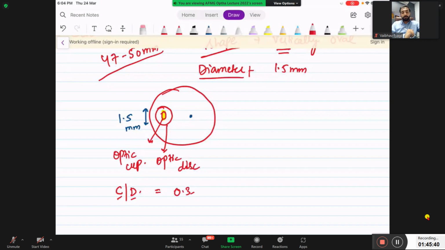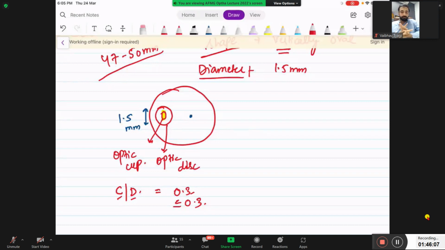The normal cup disc ratio is 0.3 or less than 0.3. In short form, we call it CD ratio. CD is cup to disc ratio.